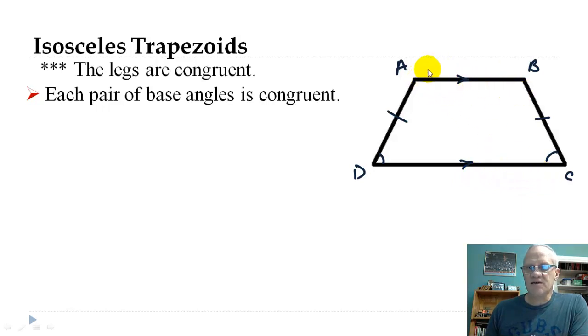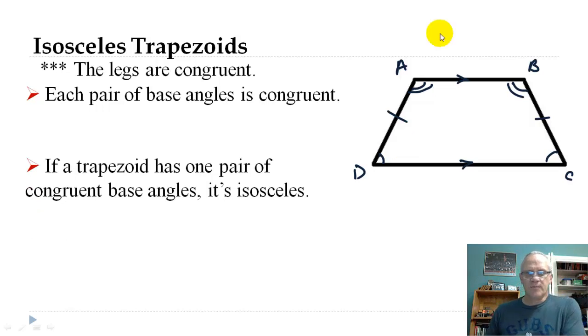And then the other set of base angles, A and B, are congruent. So that's why the isosceles trapezoid is kind of cool, because you have these two pairs of angles, and each pair is congruent.